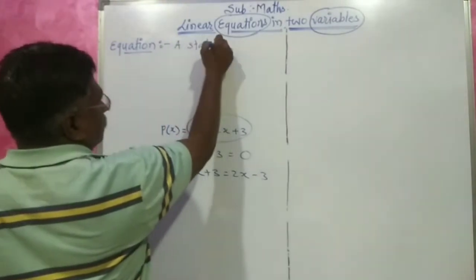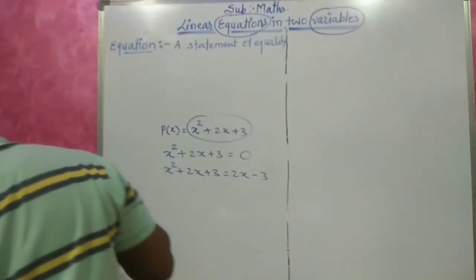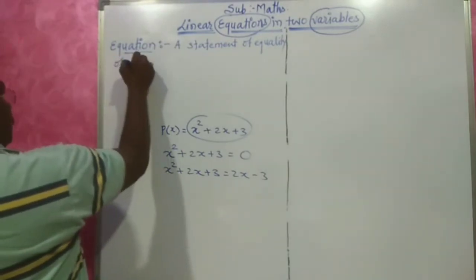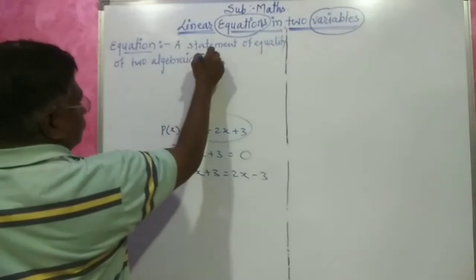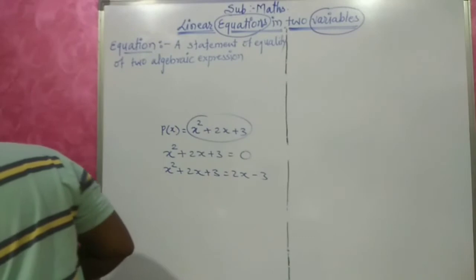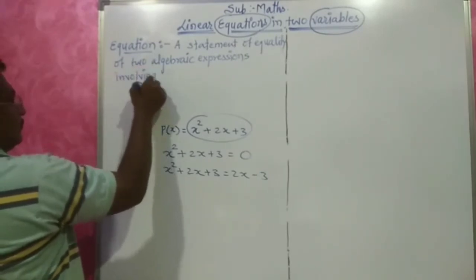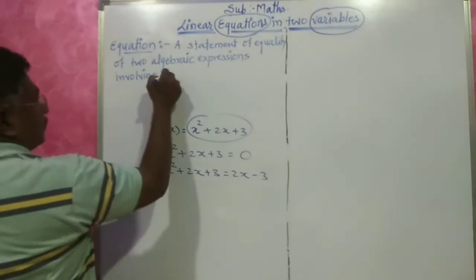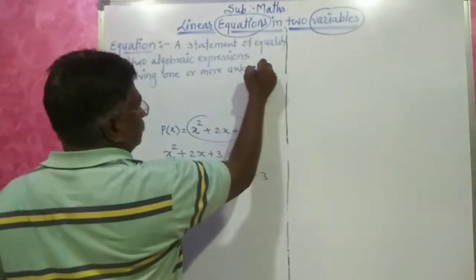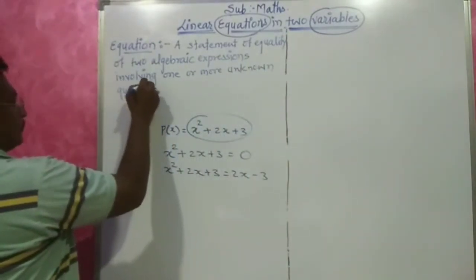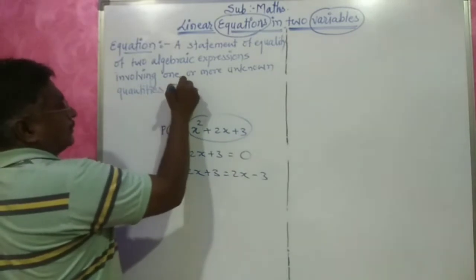A statement of equality of two algebraic expressions involving one or more unknown quantities is called an equation.